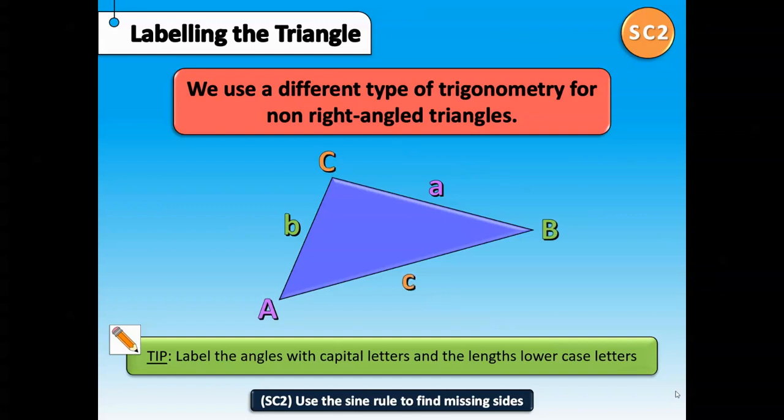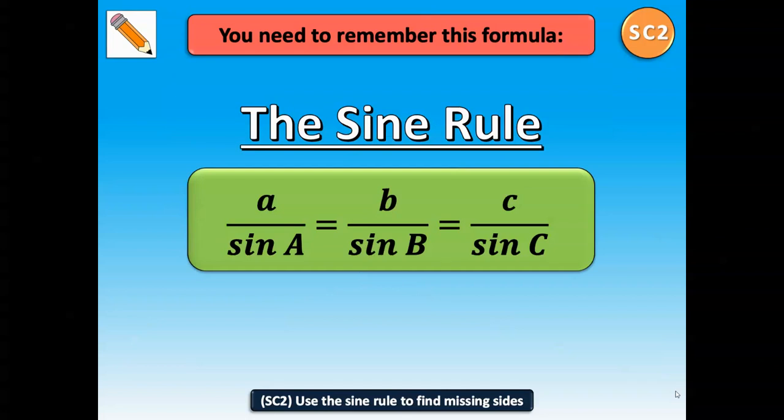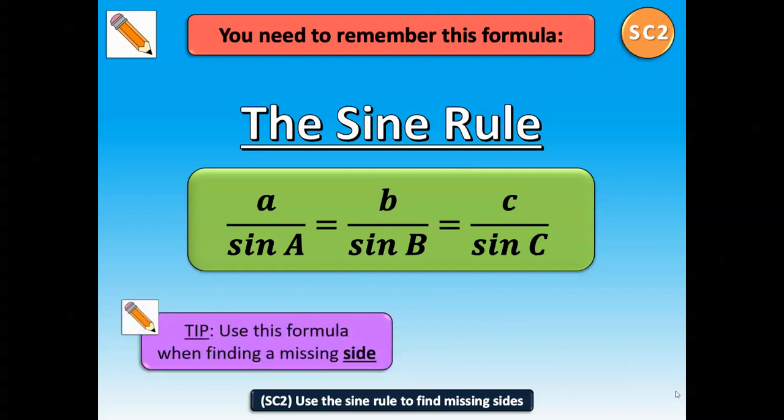However, angle A needs to be opposite side A. Angle B needs to be opposite side B. And angle C needs to be opposite side C. So the sine rule is a over sine A equals b over sine B equals c over sine C. And we use this formula when we're trying to find a missing side.